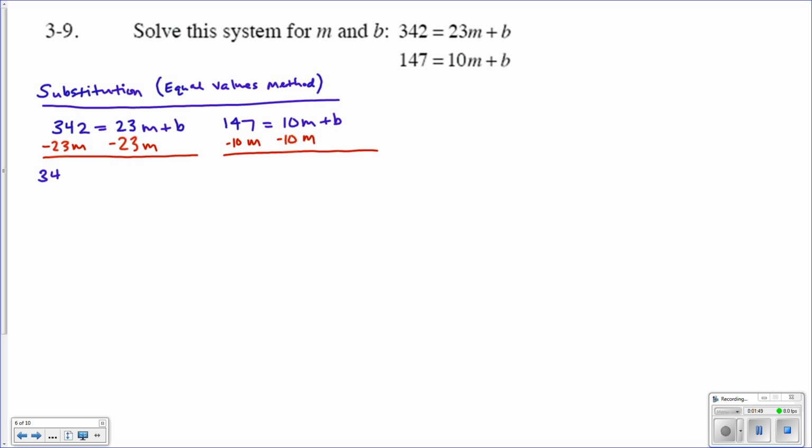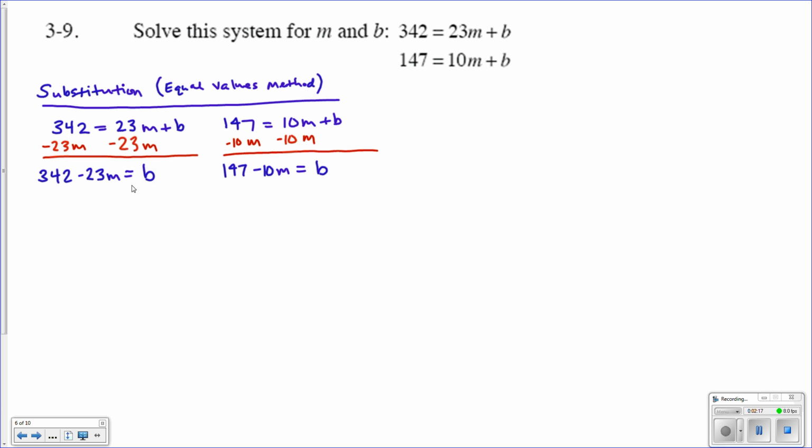342 minus 23m equals b. And in this equation, we have 147 minus 10m equals b. So in other words, if we looked at this, we know that b equals b.